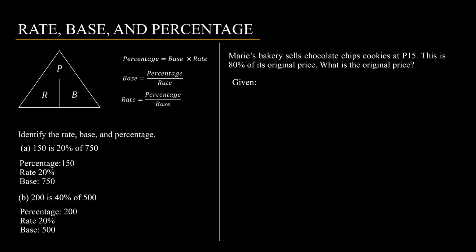Given dito yung percentage that is 15 pesos tapos yung rate na 80%. Kasi yung 15 pesos daw na price ay 80% yun ng original price. Therefore, we will be looking for the base. Kung ilan ba yung original na price.